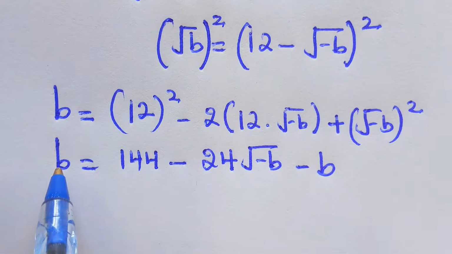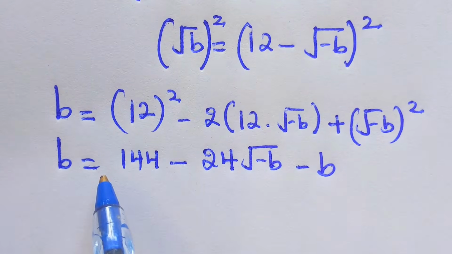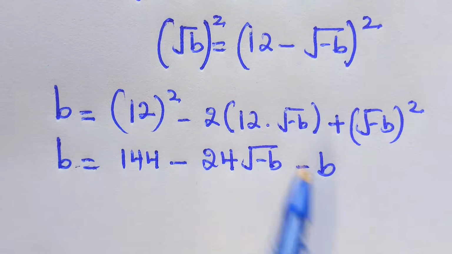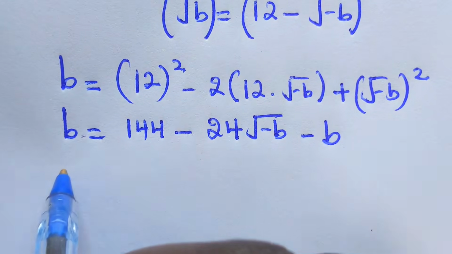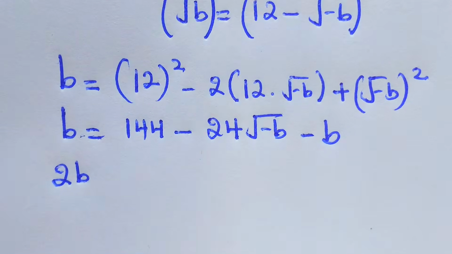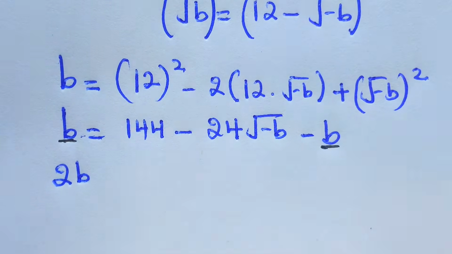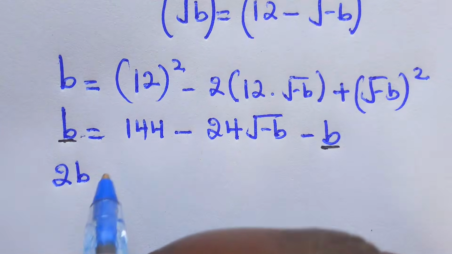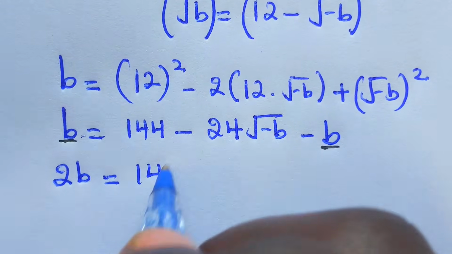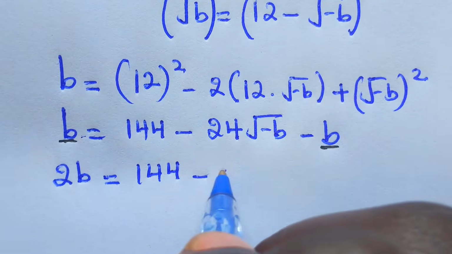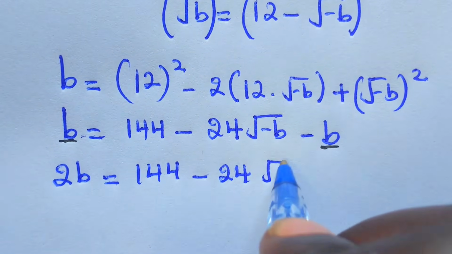You have b and negative b, and once they close, the signs will be positive, so we have 2b equals 144 minus 24 square root of negative b.